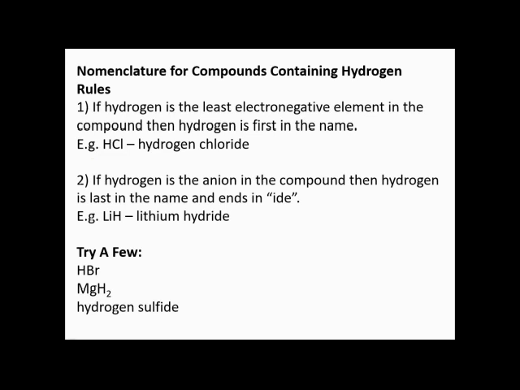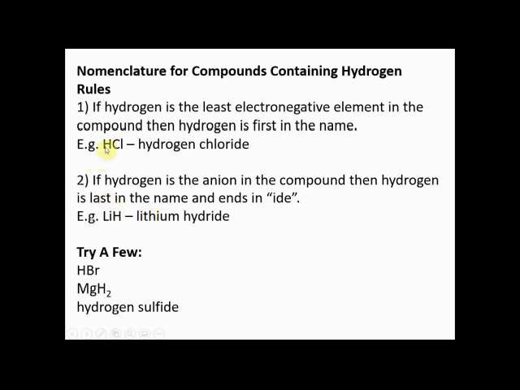All right, for those compounds that contain hydrogen, there are a couple of special cases because we can have hydrogen as either the cation or as the anion, depending on whether what it's with has a higher or lower electronegativity.